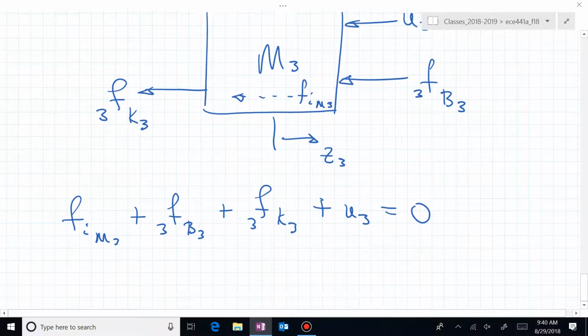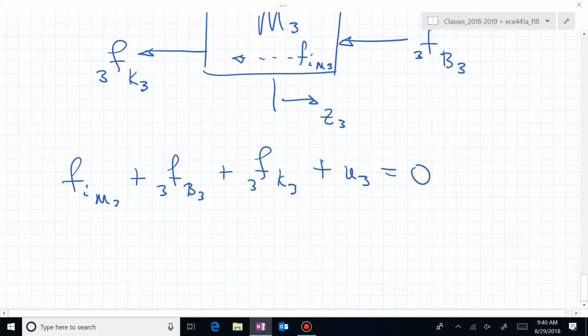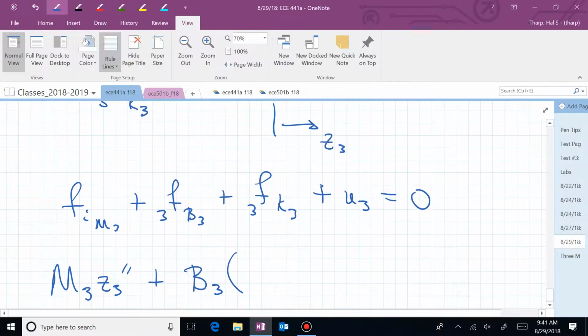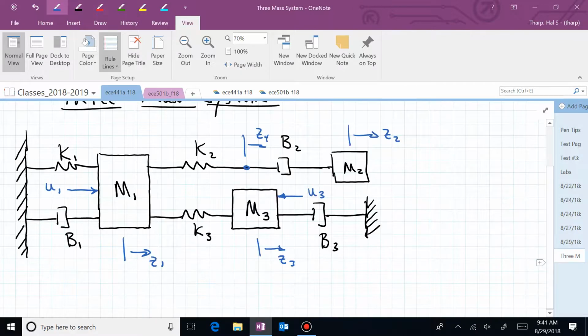And I should be able to now write all of these down. My inertial force is m sub 3 z sub 3 double prime. What's F3 sub B sub 3? Now it helps to go back and look and see what we had.